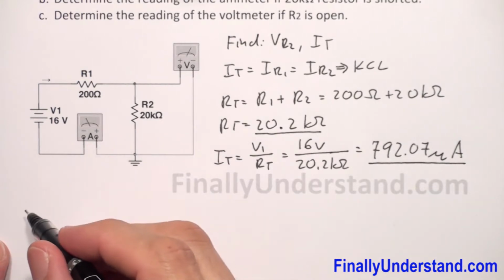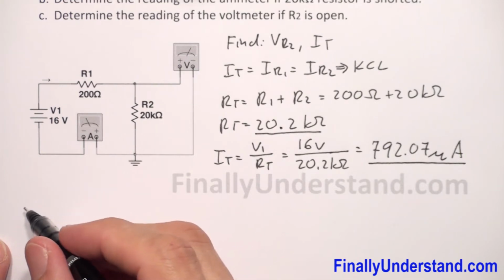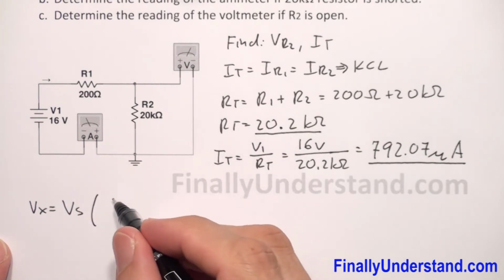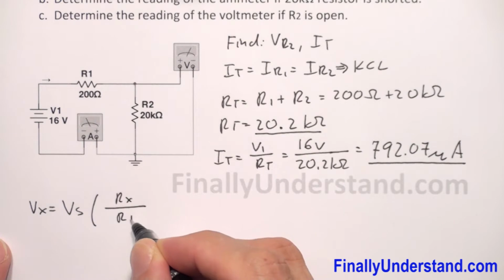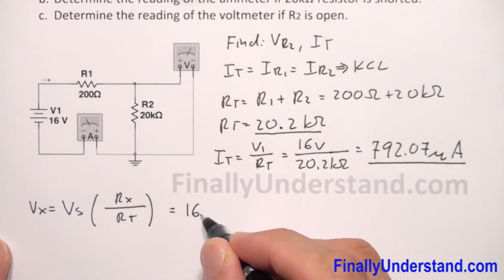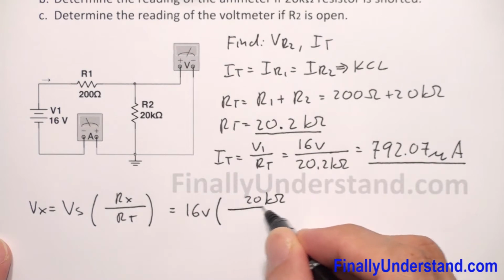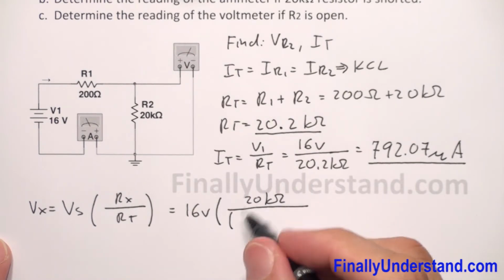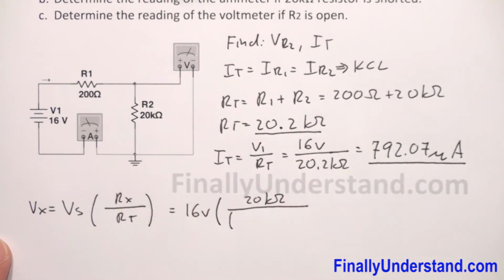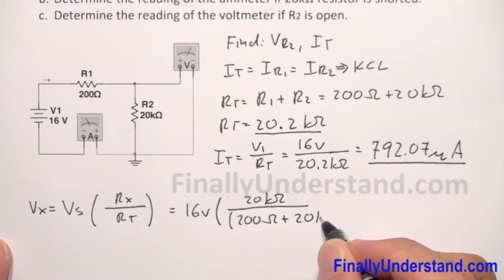Let me remind you that the voltage divider rule looks like this: Vx is equal to the voltage source times Rx over R total. So I'm going to write that this is equal to 16 volts times Rx, which is 20 kilo ohms, over R total, which is the sum of these two resistances, 200 ohms plus 20 kilo ohms.